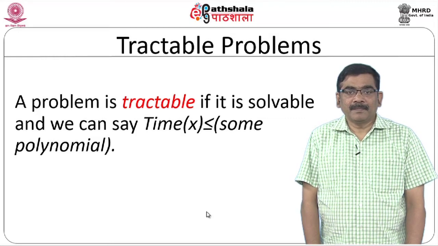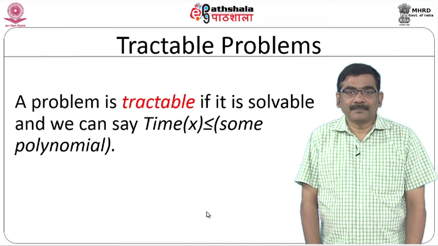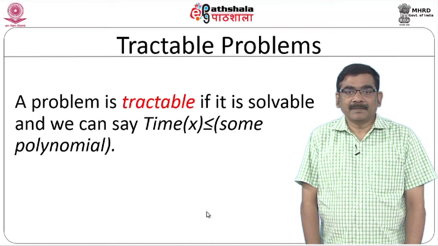If we can't ensure these conditions, it is called an intractable problem. There are many problems that are intractable in nature. For example, the traveling salesperson problem for a larger instance is an intractable problem.